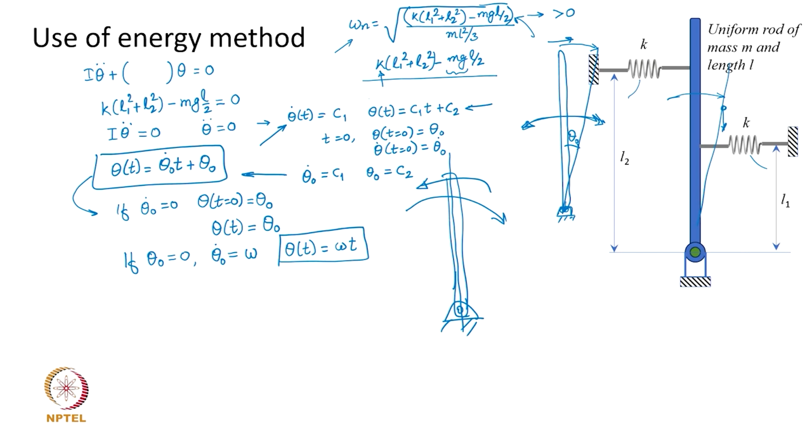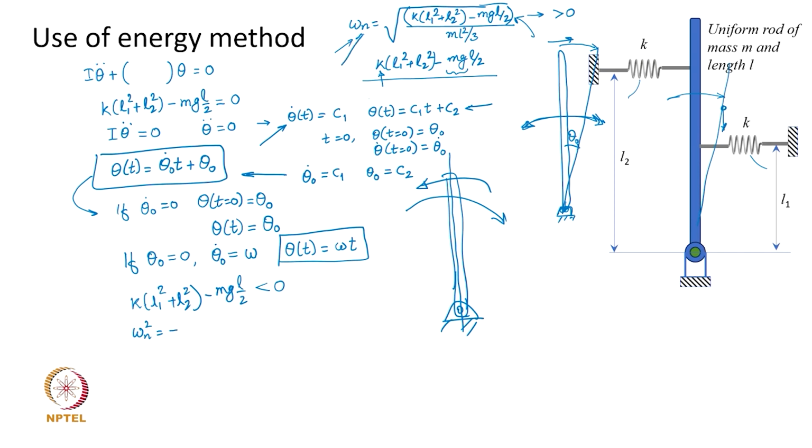Let us take another, the third case, wherein k(L1 square plus L2 square) minus mgL by 2 is actually less than 0, which actually means that the numerator goes negative. So, in this case the squared natural frequency is a negative quantity.